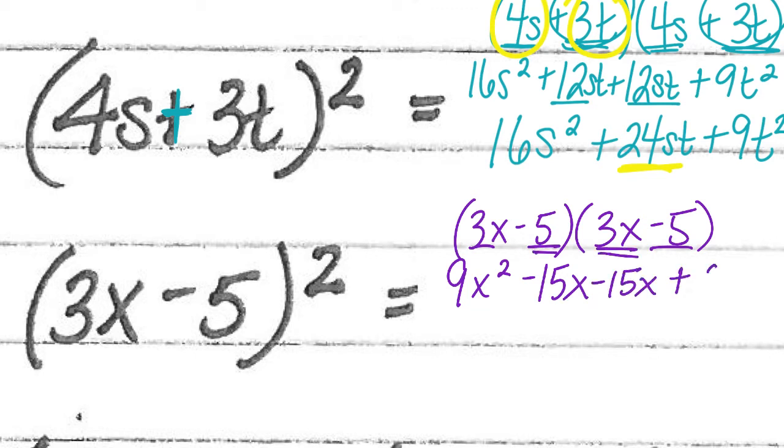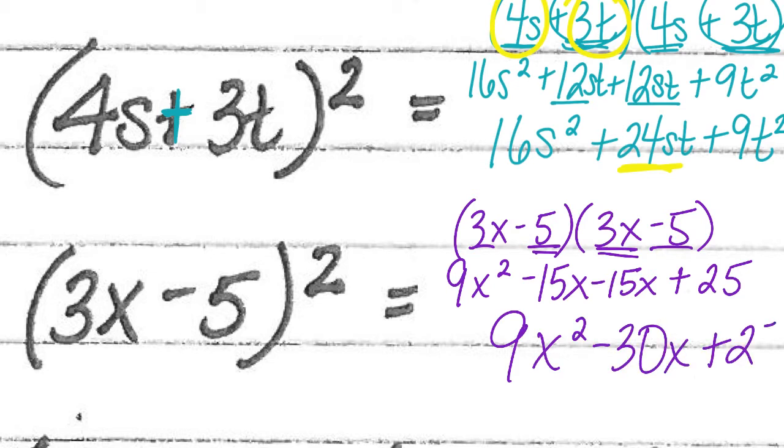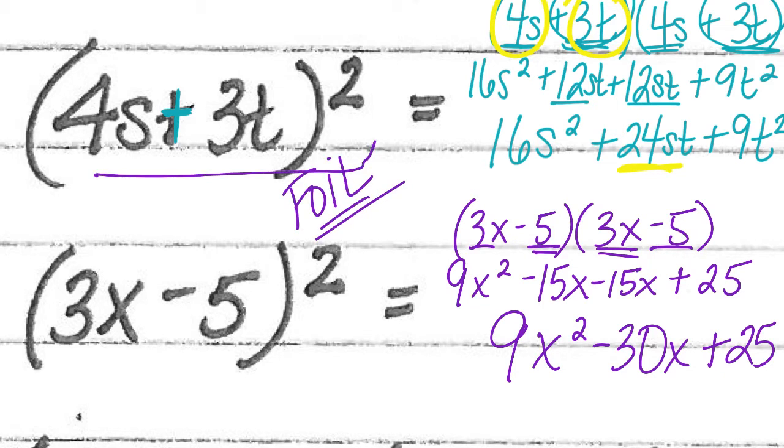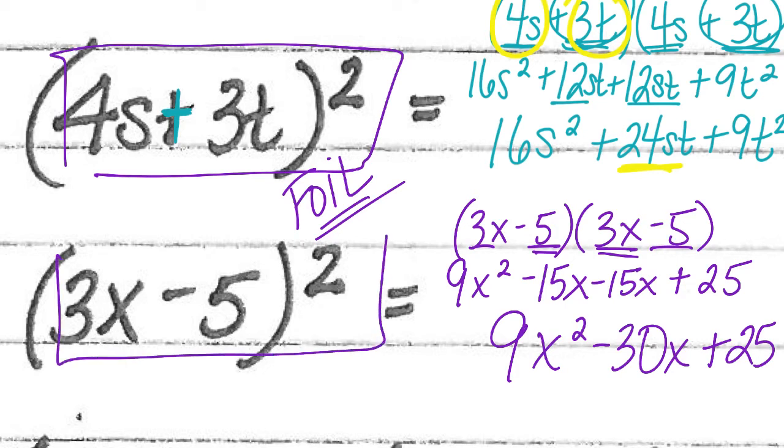Last terms, positive 25. When I add like terms, 9x squared minus 30x plus 25. And you probably remember how to FOIL from Algebra 1, but don't forget this is a little tricky when they show you it with the quantity squared, because you guys sometimes forget. So don't forget about those outer and inner terms.